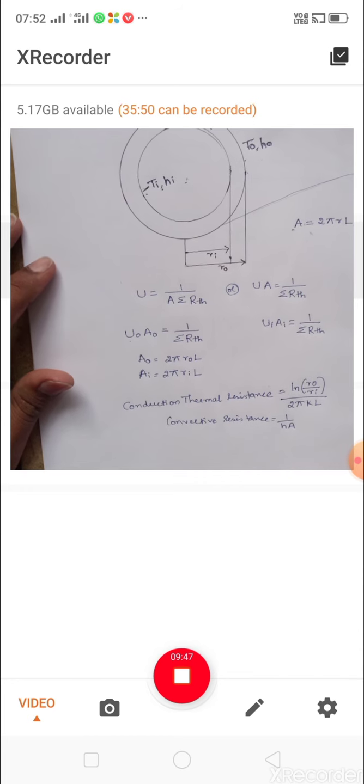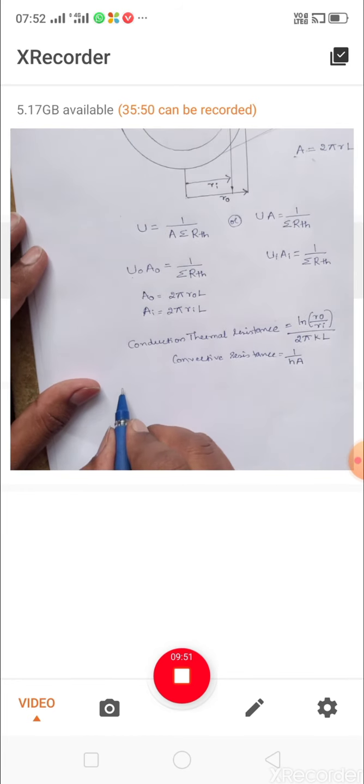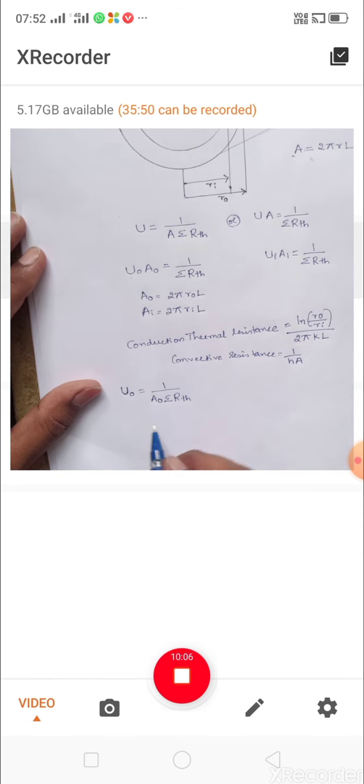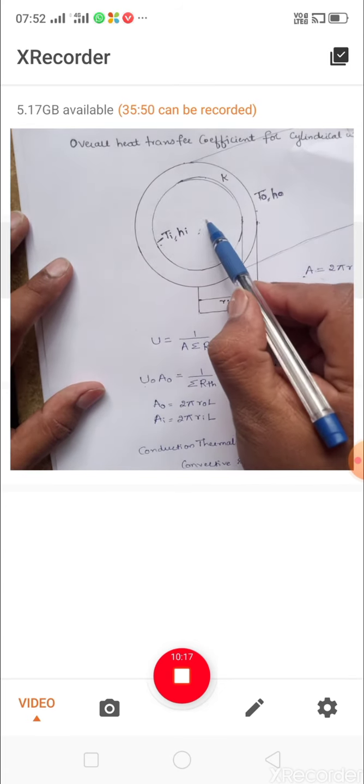So if we want to write the overall heat transfer coefficient based on the outside surface area, I can write U naught in this form: 1 divided by A naught into sigma of thermal resistance, where U naught is equal to 1 divided by A naught. Let me write the convective thermal resistance first, from here to here.